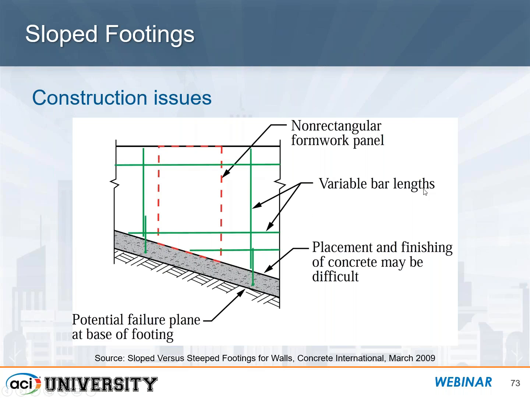Now, if you recall, during our last session, I showed that elevation of a wall where you could really eliminate this problem by using certain bar lengths and specifying fewer bar lengths than having all the bars come out at a different size. More practically though, you might have some placement or finishing issues.